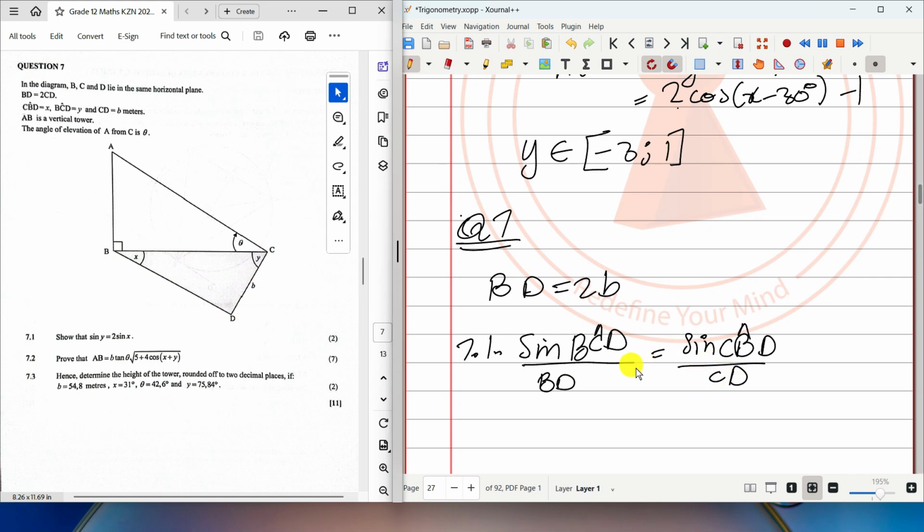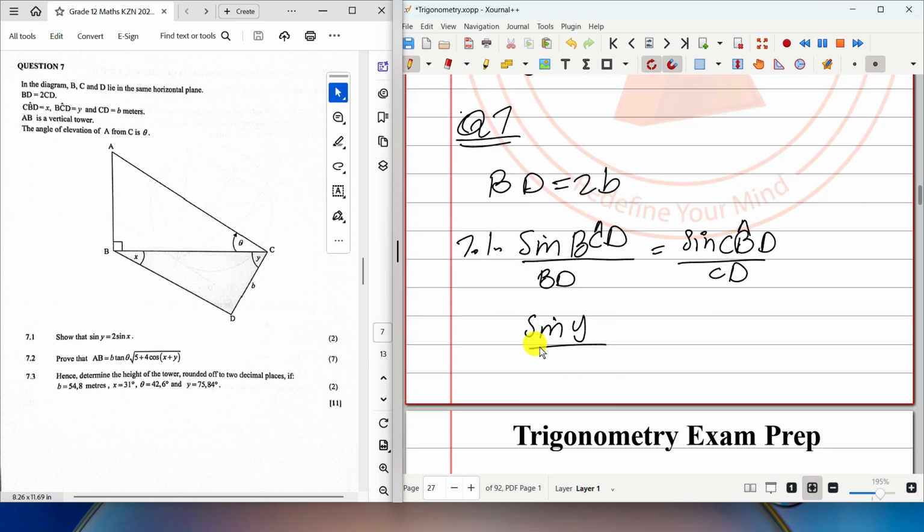This is when we use the sine rule. So the angle BCD is y, and BD we said is 2b, angle CBD is x, CD is b.